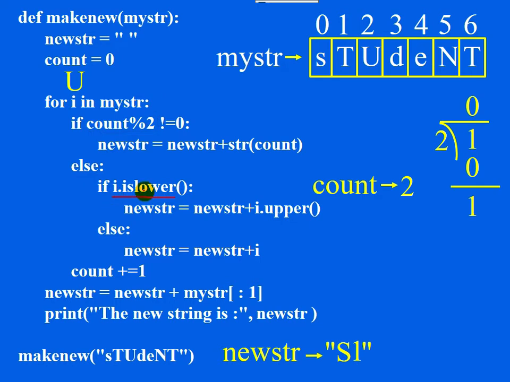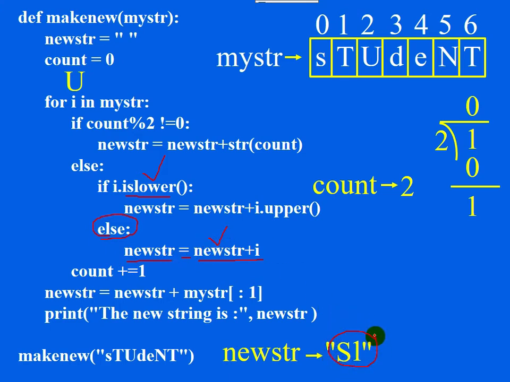I dot is lower. I contains capital U. So capital U is not a lowercase alphabet. So this is lower returns false. The condition is false. So control comes to the else part. And what is done? The assignment operator, right hand side should be assigned to left hand side. What does new string contain? S1.